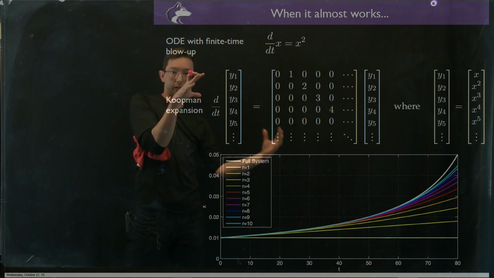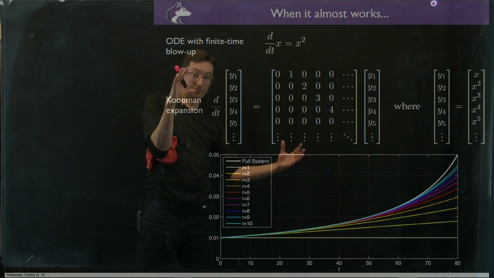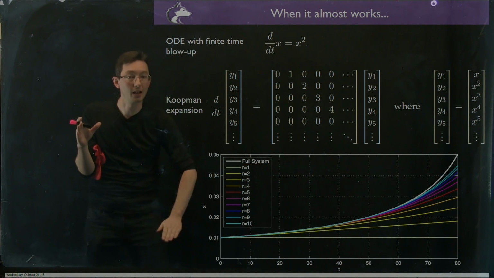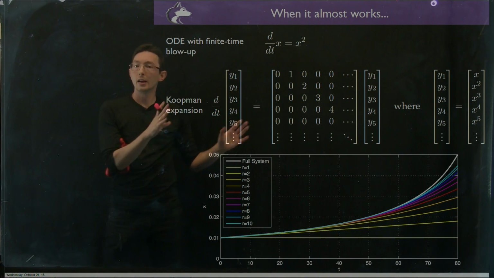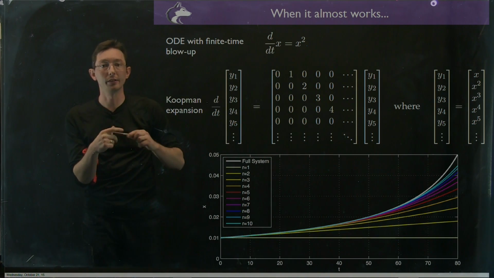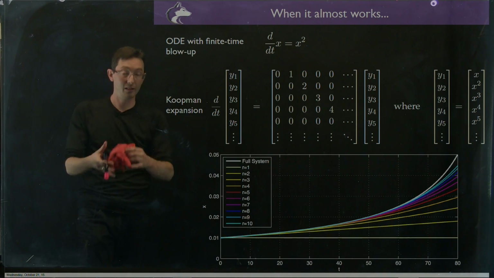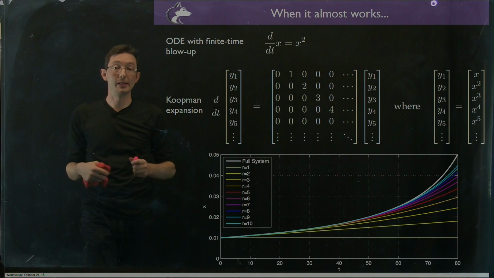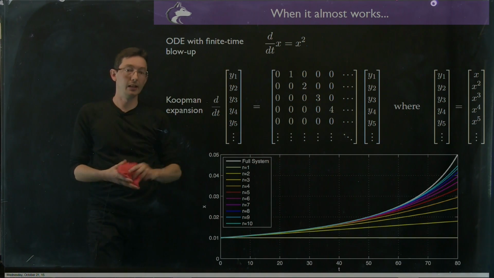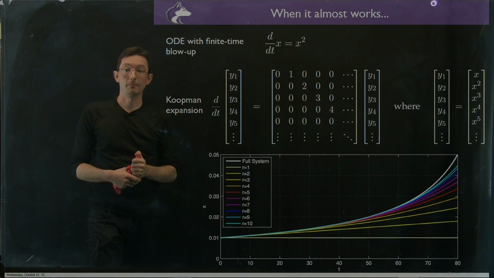And as I increase the rank of my Koopman linear approximation, I actually do get better and better agreement with my full system. So this is promising, even for systems that are a little bit nasty, where there aren't these exact Koopman invariant subspaces of finite dimension that include the state. You can still do approximation.